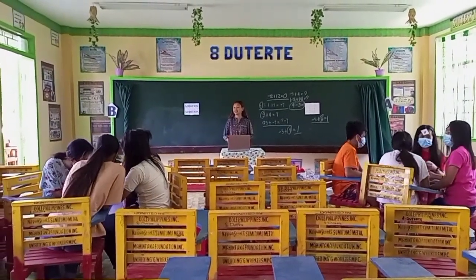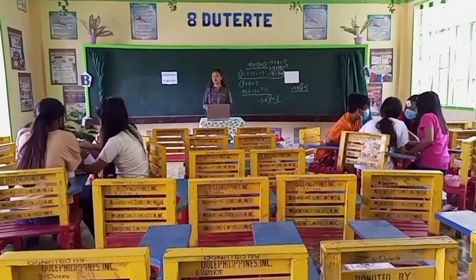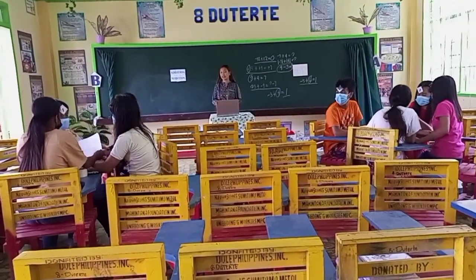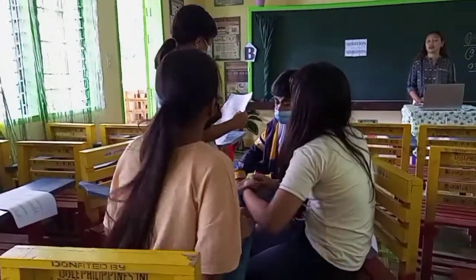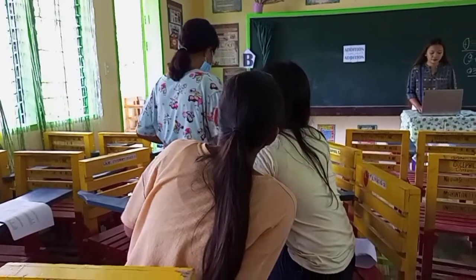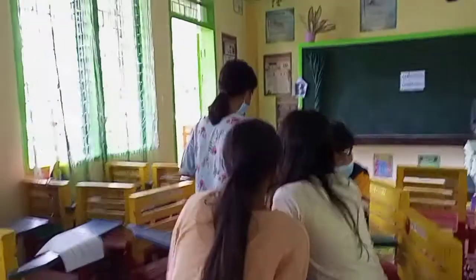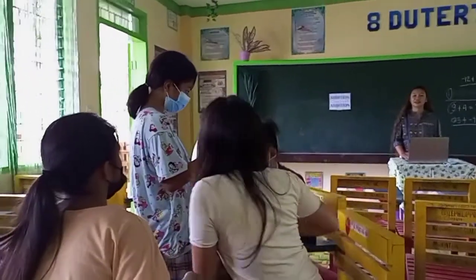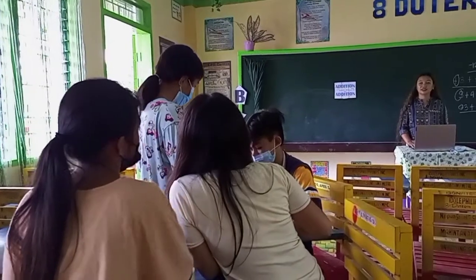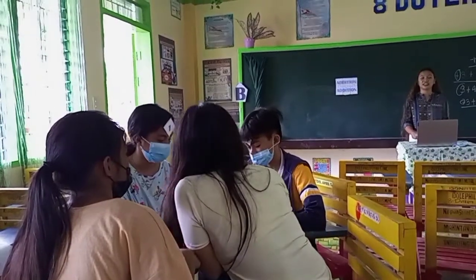Number 1, you're going to tell me what rule ang naka-apply. Okay, what rule? Alright, okay, repeat it. Okay, the sum of two negative integers is a negative integer.